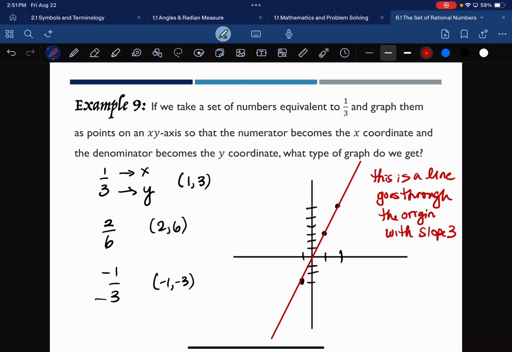There is one problem though. There is one point on this line that should not be included in this graph. Any idea what it might be? Yeah, you're right, Bailey. It's (0, 0). This point right here should not be included in this graph. Why?